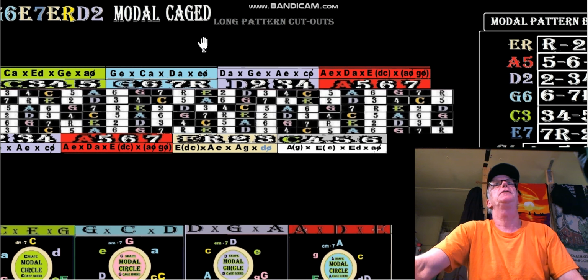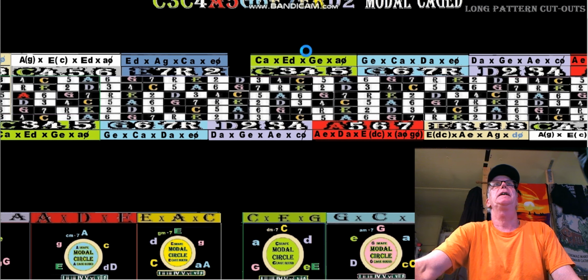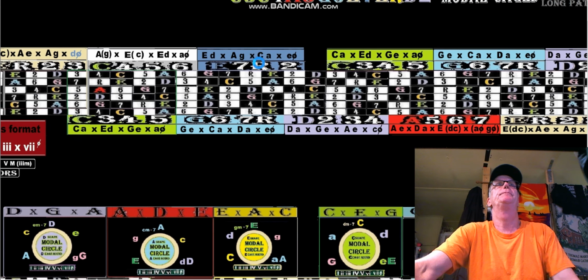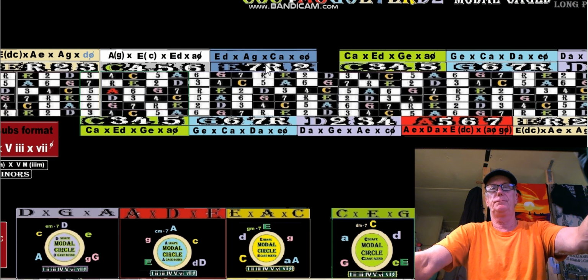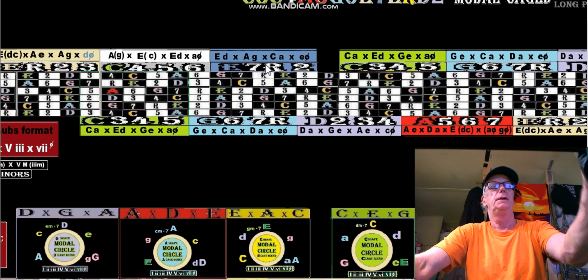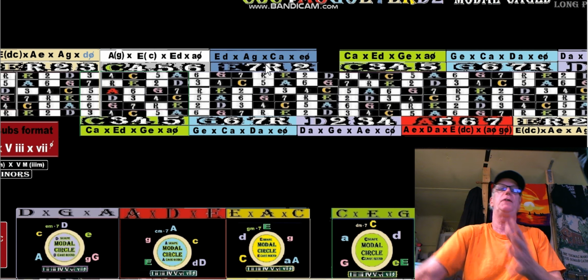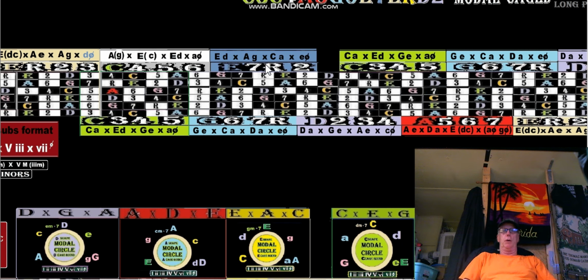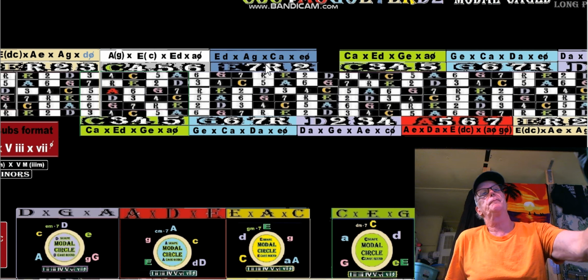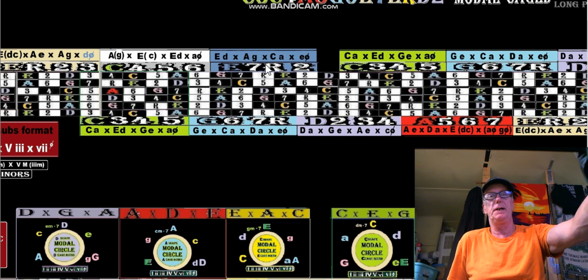So let's just look at these modals here. I've taken out this stuff because that's only 3 chords. That's the 1, the 4, and the 5, the relative modal 1, 4, and 5. The Ionian mode: the 1 is the 1 major, root major.